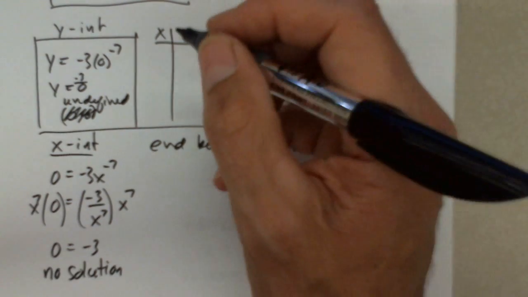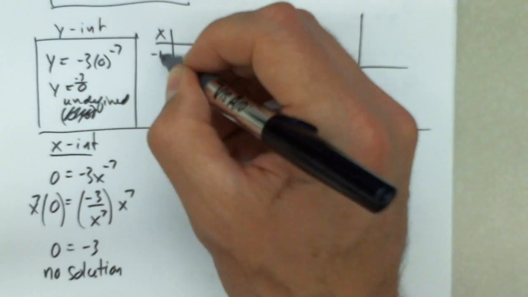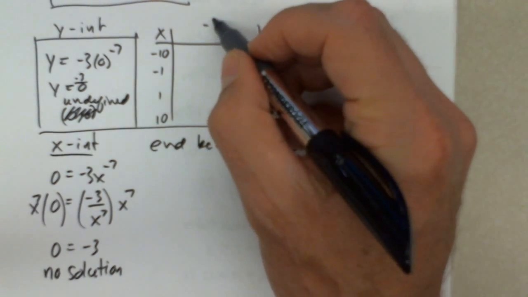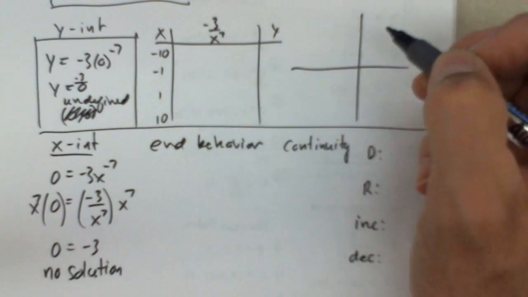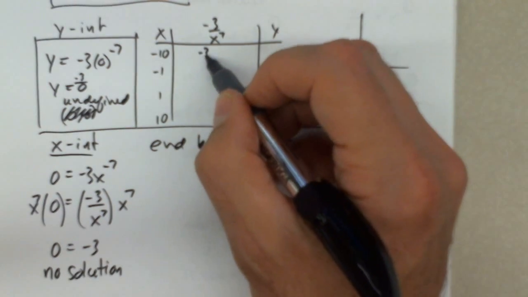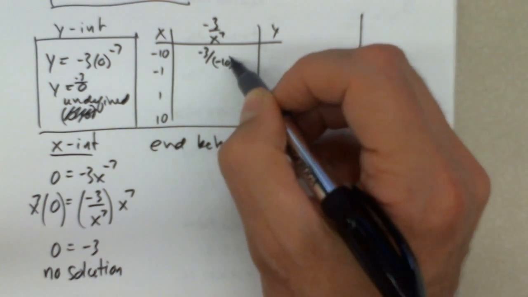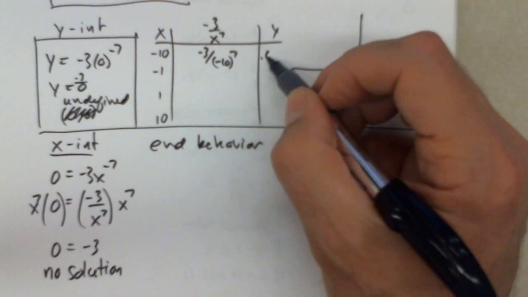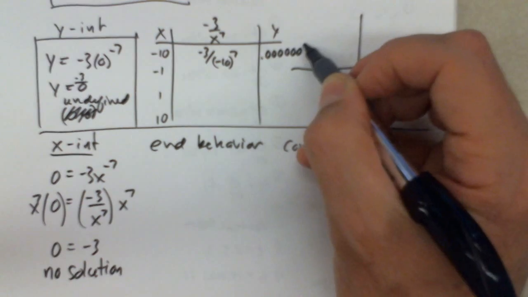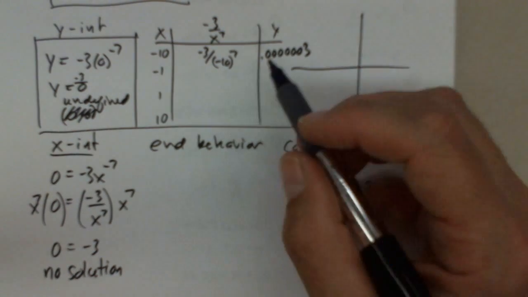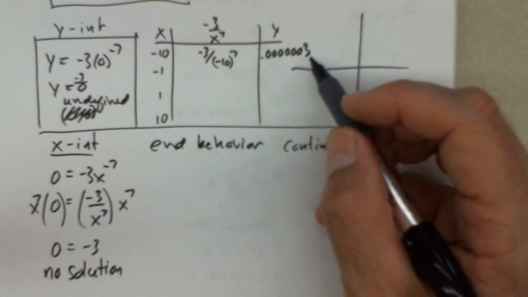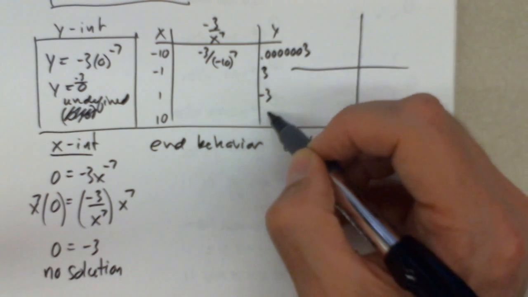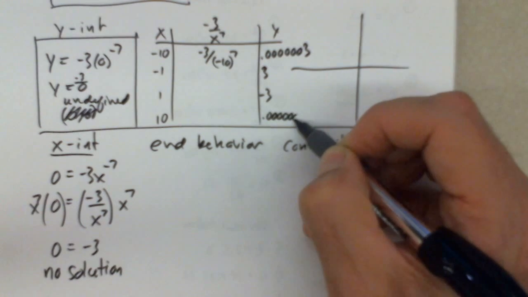And let's go to these values again. Remember that it's -3 over x to the 7th. So that's going to be -3 over -10 to the 7th, which is 0.000003. When we substitute all these, we get -3.000003.